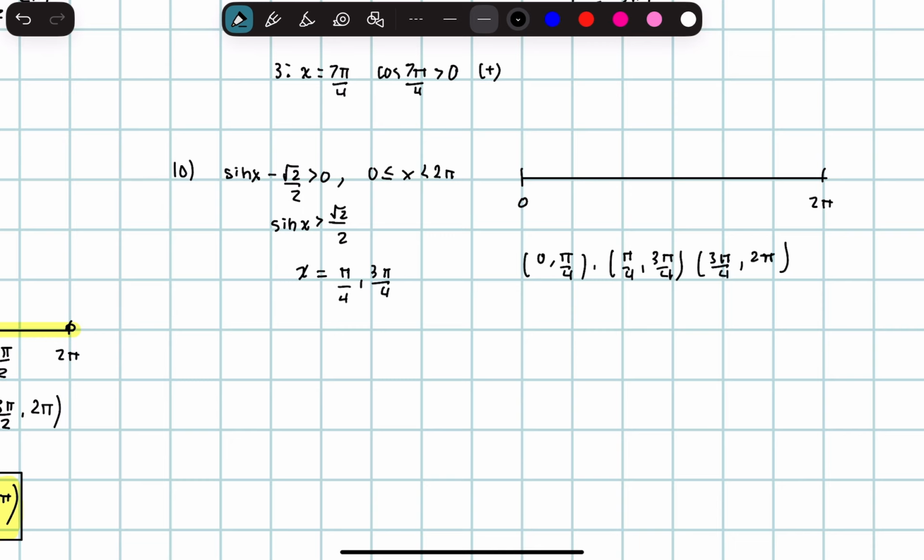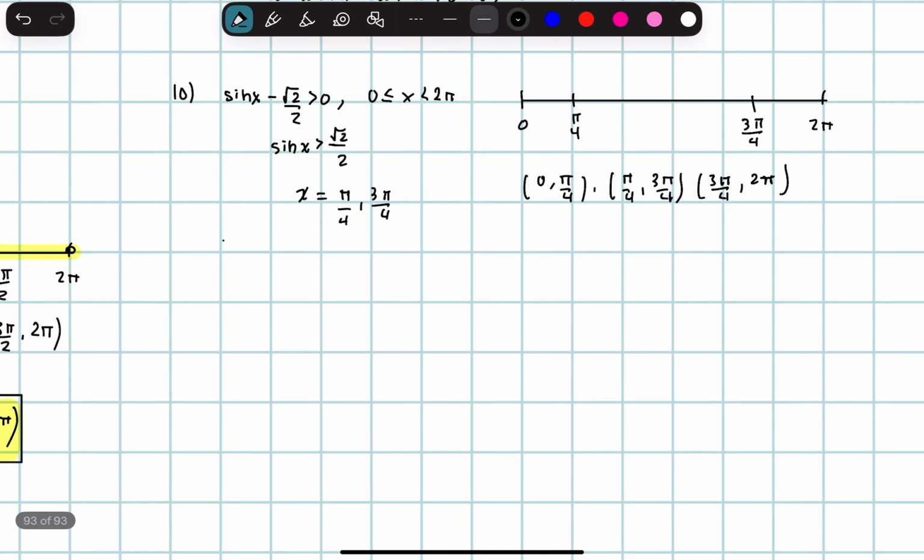So now we can mark up our intervals. Pi over 4 is kind of over here, and 3 pi over 4 is kind of over here, and now you just plug in values for testing.